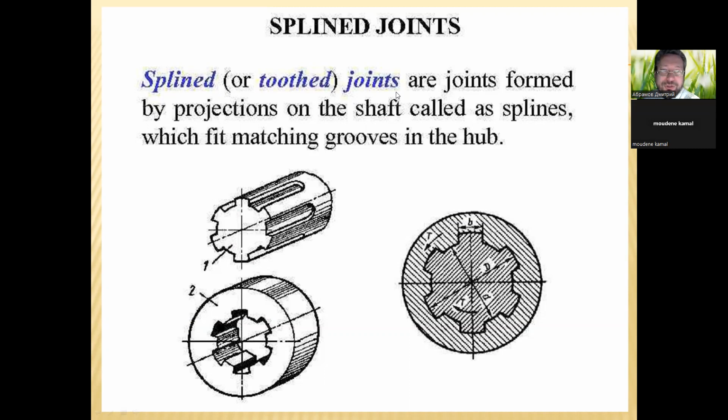One more time, splined joints are joints formed by projections on the shaft called splines, which fit machining grooves in the hub. One, it's a shaft, and two, it's the hub.